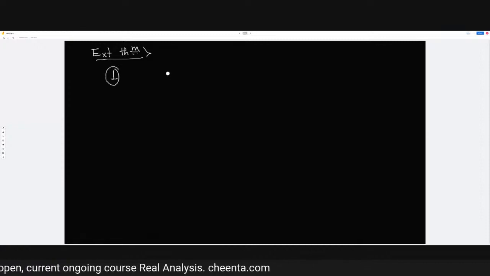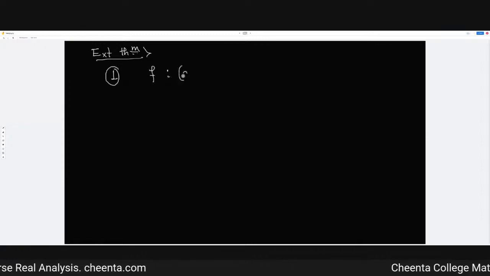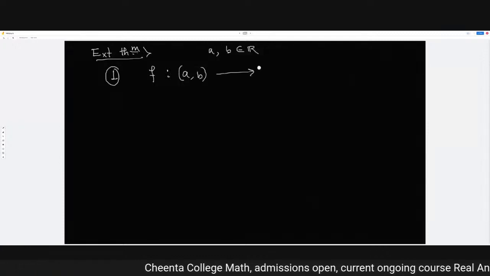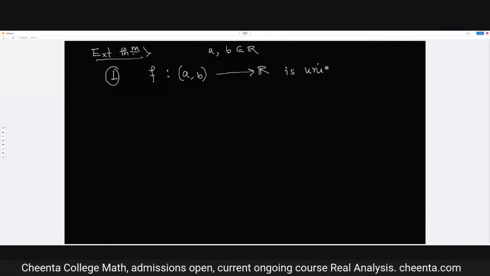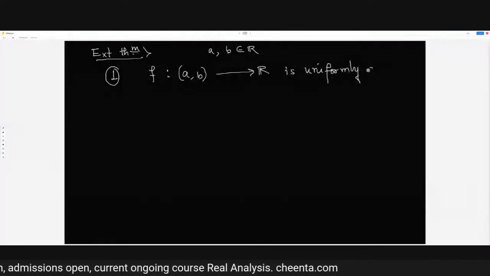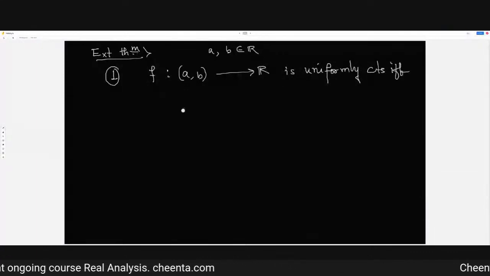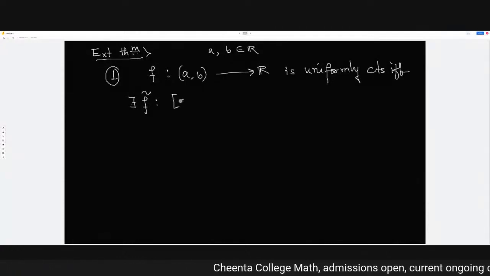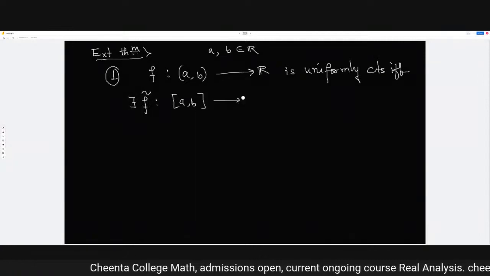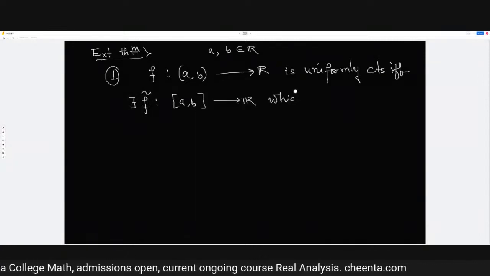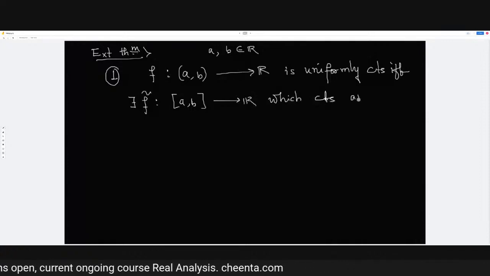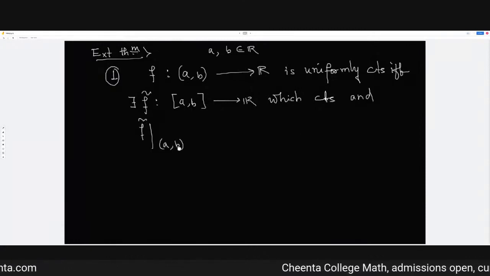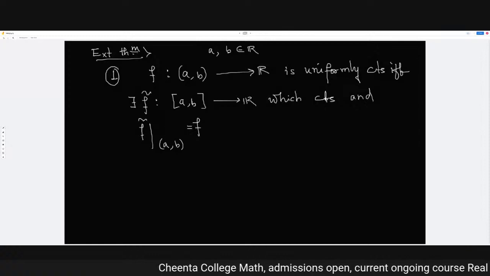First of all, a function f from open interval a comma b, where a and b are in R, to R is uniformly continuous if and only if there exists an f tilde from the closed interval a comma b to R, which is continuous, and f tilde restricted to the open interval a comma b is nothing but f. That is why it is called an extension theorem.